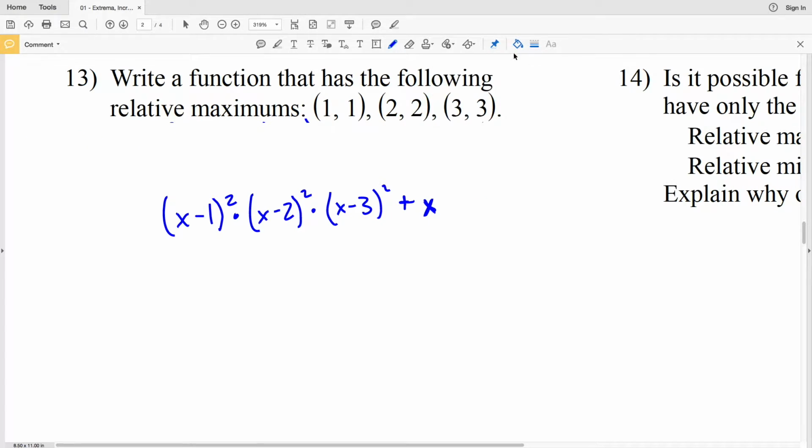So we can see that if we were to plug in a 1, 1 minus 1 is 0, and 0 times any quantity is 0, but we're adding 1. So plugging in 1 for x, we'll get 1 for y. Now let's say we plug in a 2. Plugging in 2 for x, 2 minus 2, that's going to be 0 squared, which is 0.